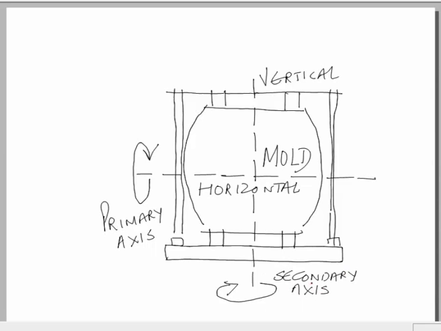So, we have primary axis and the secondary axis, and the mold would be rotating about the primary axis for a given number of rotations and the secondary axis for a definite number of rotations, and the raw material is inserted inside the mold. So, we may have an opening at the top for inserting the raw material. The raw material, in this case, can be a plastic powder or plastic pellets.